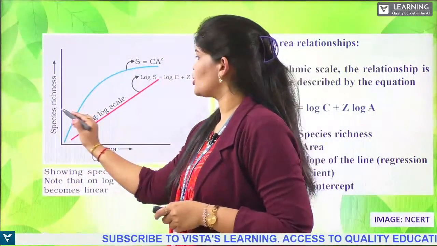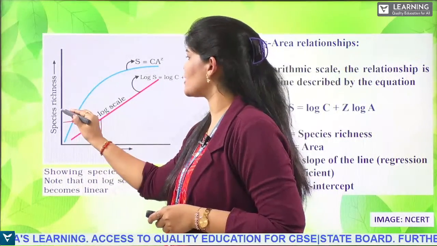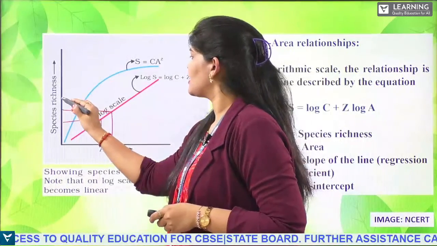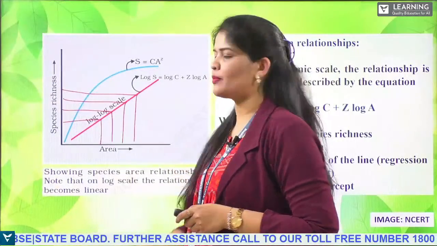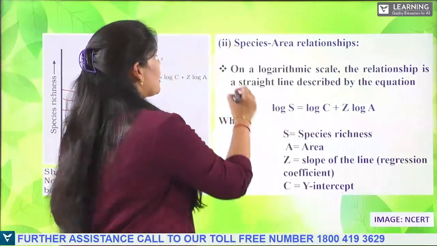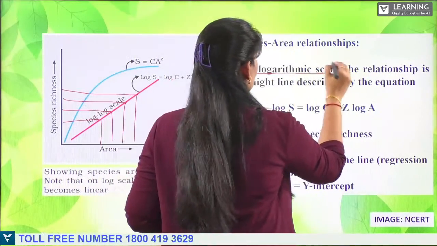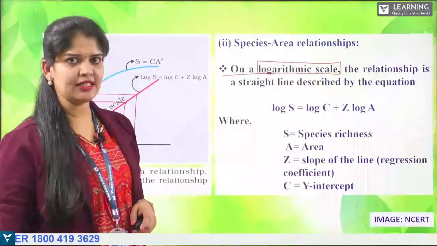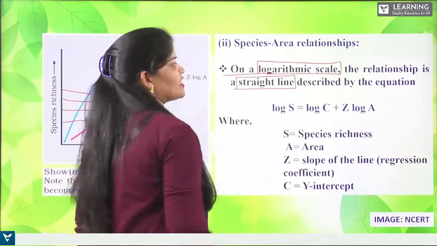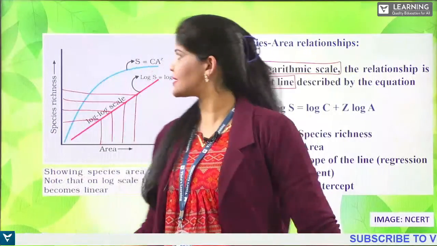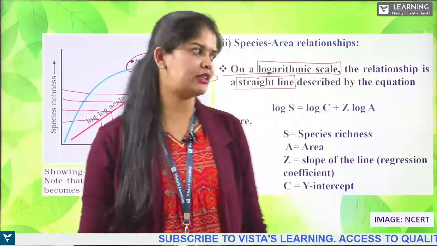Just because on a log-to-log scale we can get clear points, clear separation between one point and another, when compared to the rectangular hyperbola. So here, as we already know, on a logarithmic scale the relationship is a straight line, which is described by the equation. This is the equation for the rectangular hyperbola, and this is the equation for the straight line.